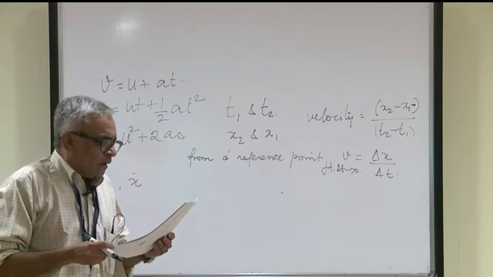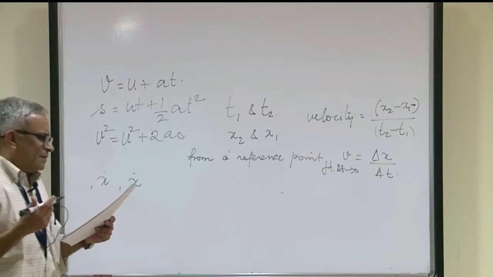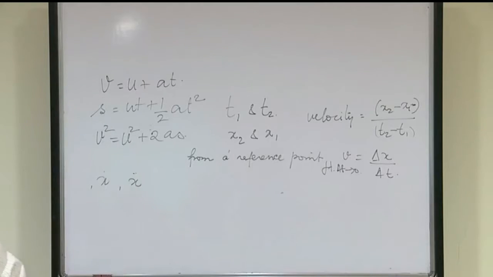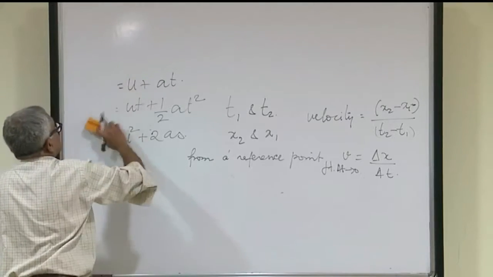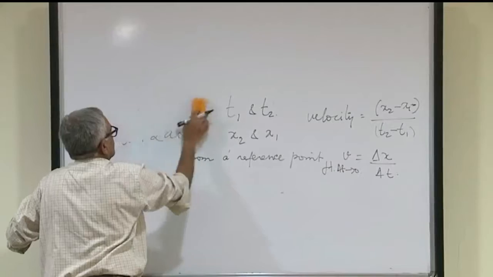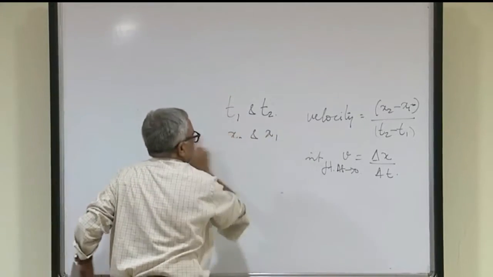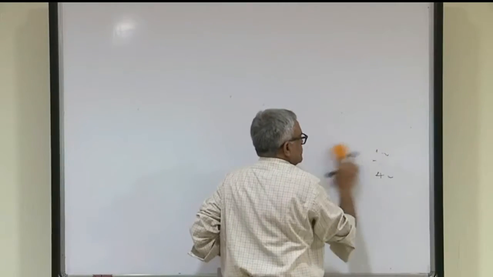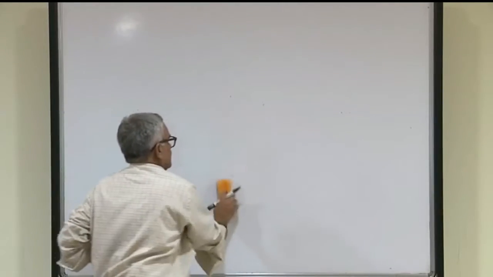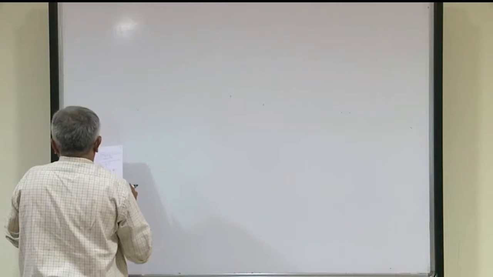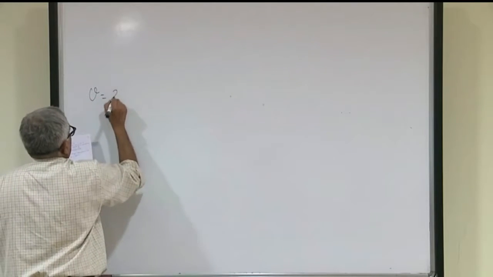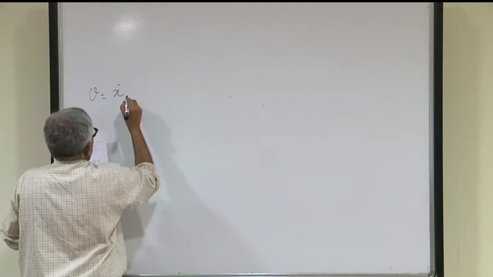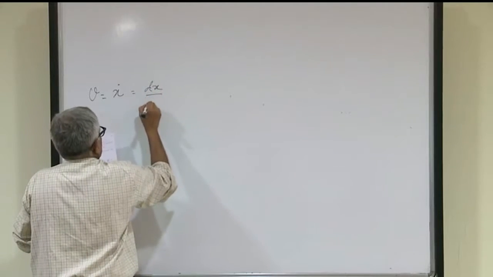Now we have certain straightforward equations. v equals x dot, that is equal to dx over dt, which I have already shown you.